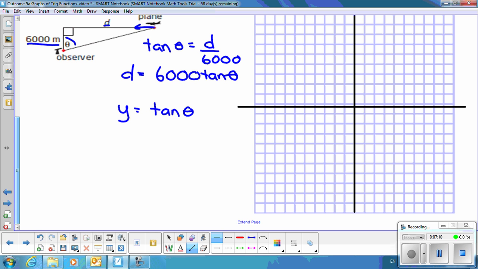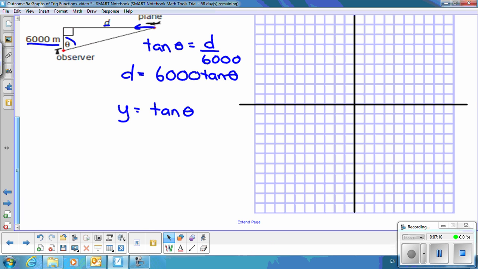Okay, now I need to be able to multiply my y values by 6,000. So I'm going to make each of these squares 2,000. And so this will be 4,000, 8,000, 12,000, and negative below the x-axis.